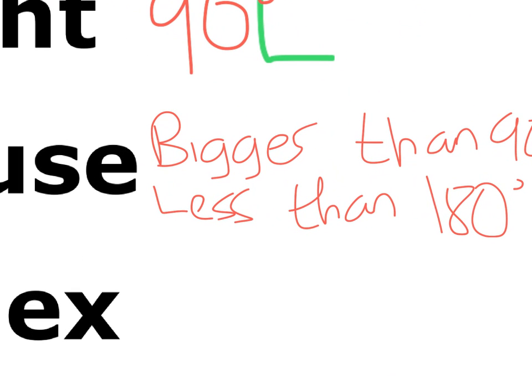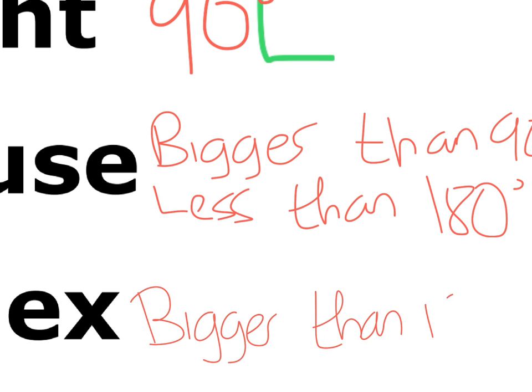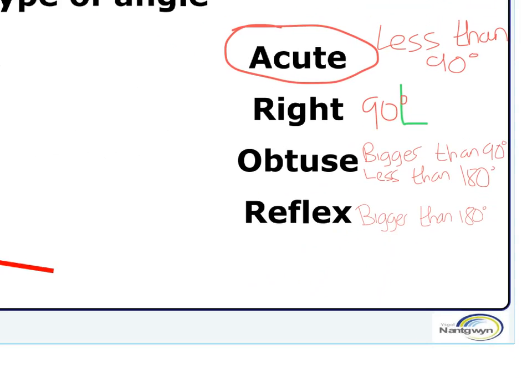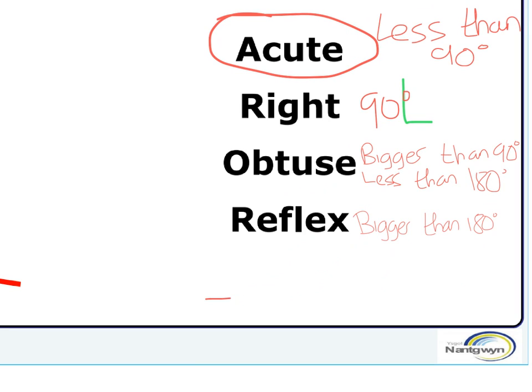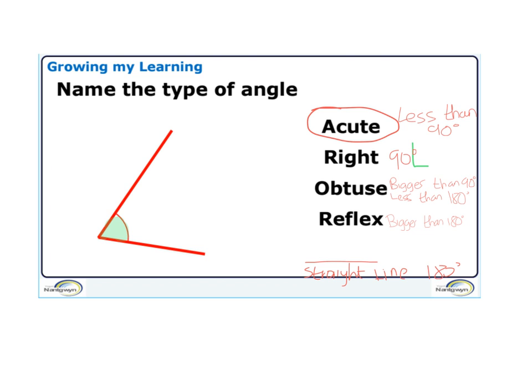And a reflex angle is bigger than 180 degrees. And just in case you're not sure, 180 degrees is a straight line. So if you've got a straight line, that is 180 degrees, which we will come to in further lessons as well. However, you just need to know that fact for today.